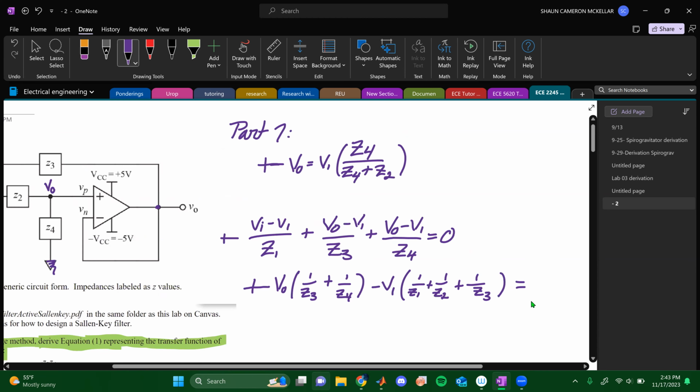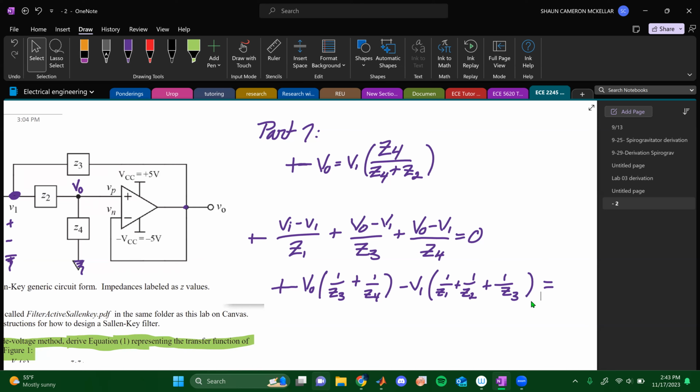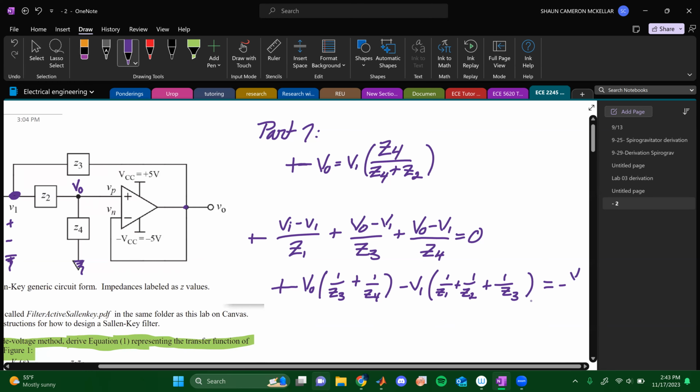So I will set that equal to the final term, which is minus V in over Z1. So I just moved that term over to the other side.